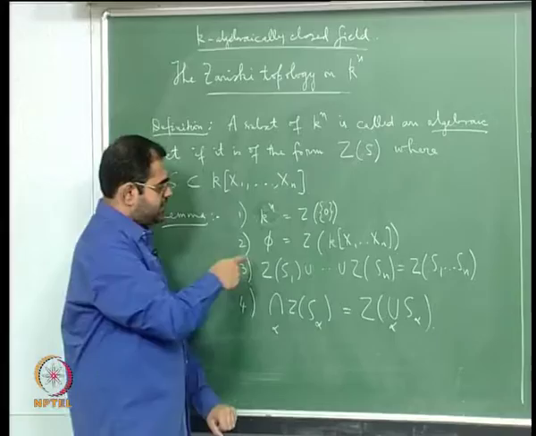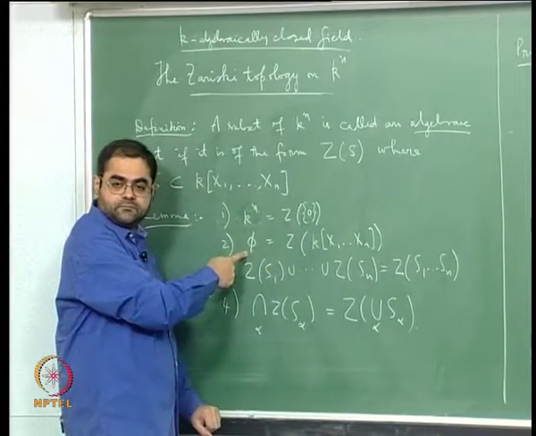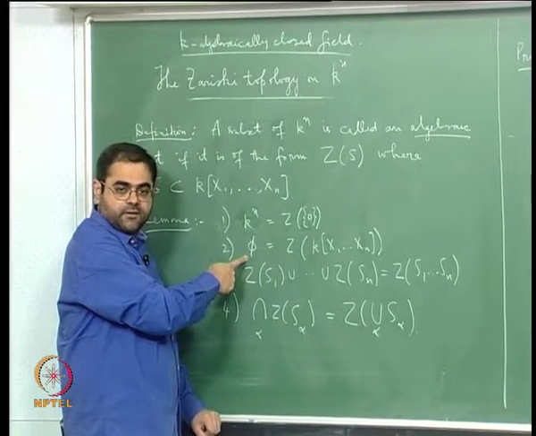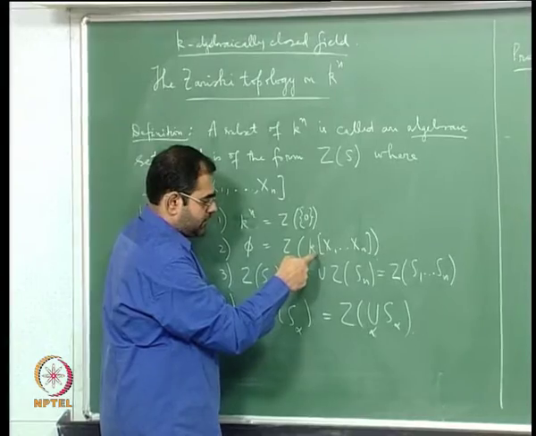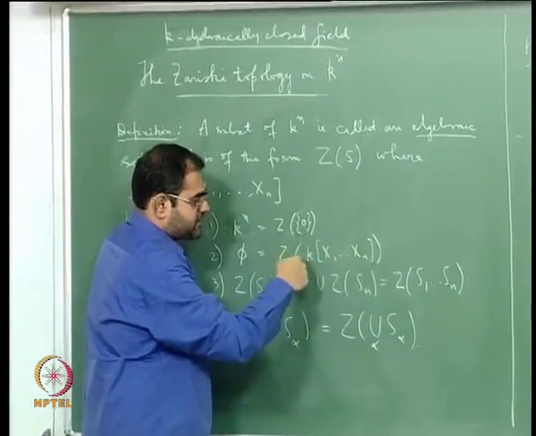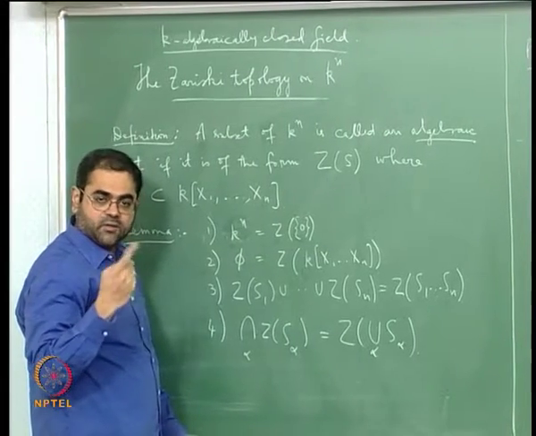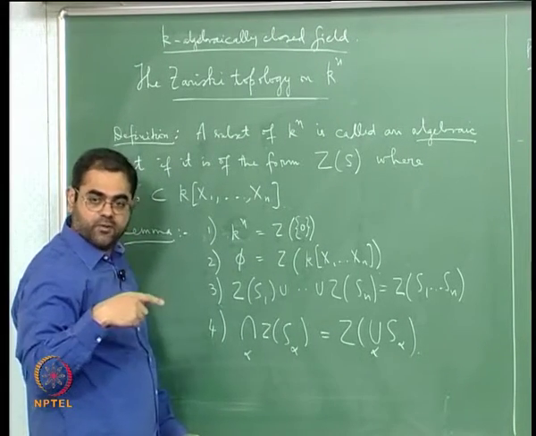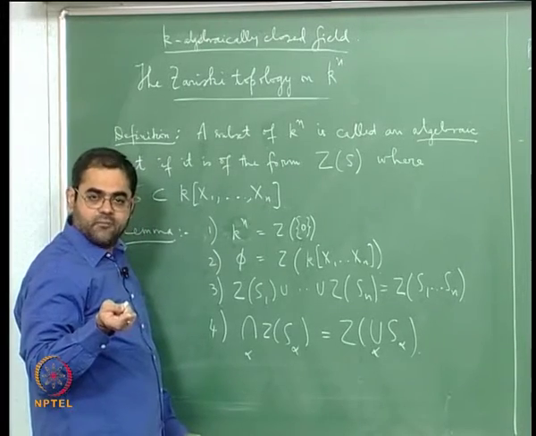The second statement says that the 0 set of the whole ring is the empty set. That is obvious because any subset of the ring which contains 1, or for that matter any constant non-zero polynomial, will never take the value 0 at any point.